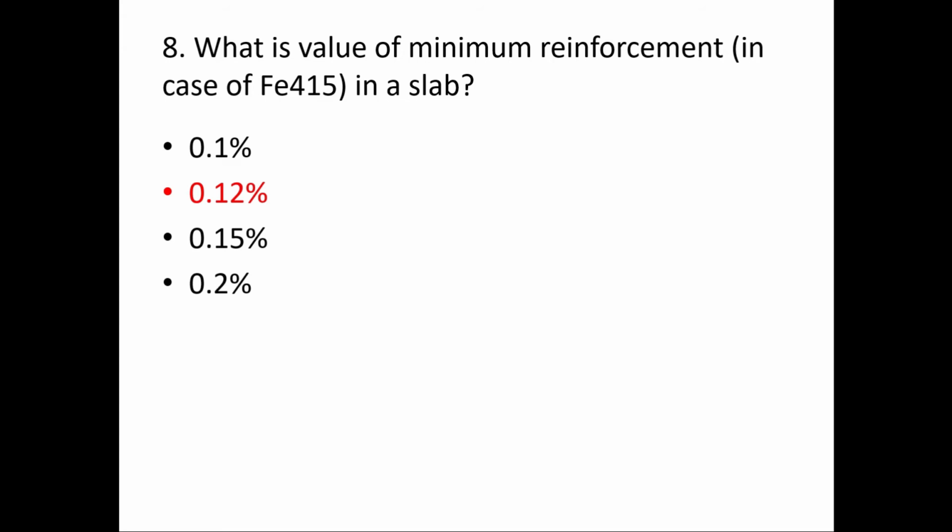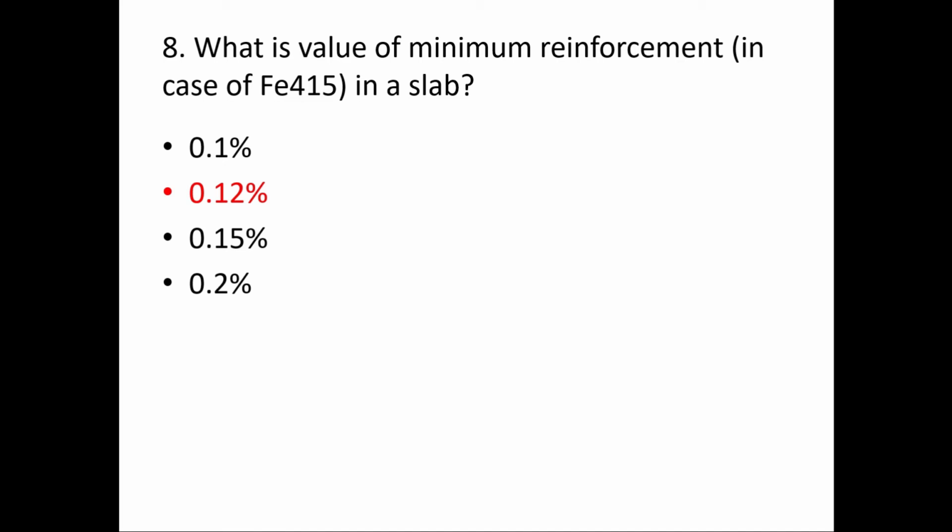What is the value of minimum reinforcement in case of Fe415 in a slab? Minimum reinforcement in a slab depends upon the type of reinforcement we are having. If we are having Fe250, that is mild steel bar, then our minimum reinforcement value is 0.15%.